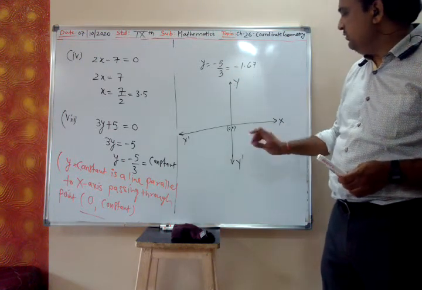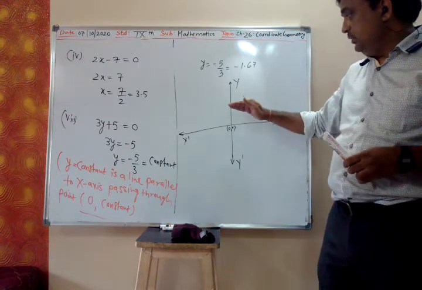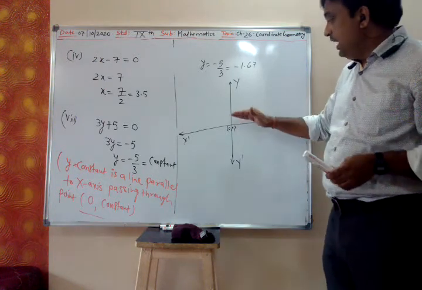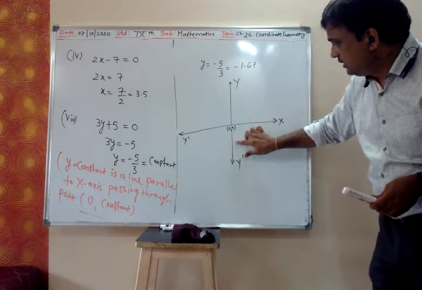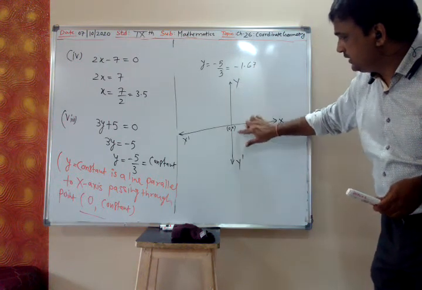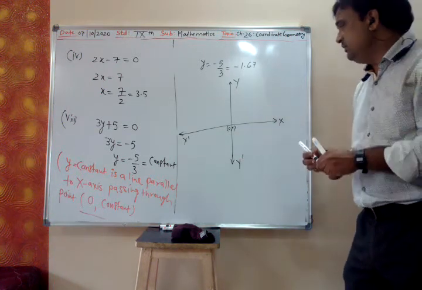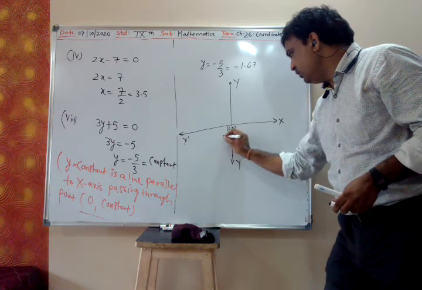So it will be below the x axis, where y is negative. This side y is positive, this side y is negative. So I will take y downward because y has a minus sign. So this is 0 comma minus 1.